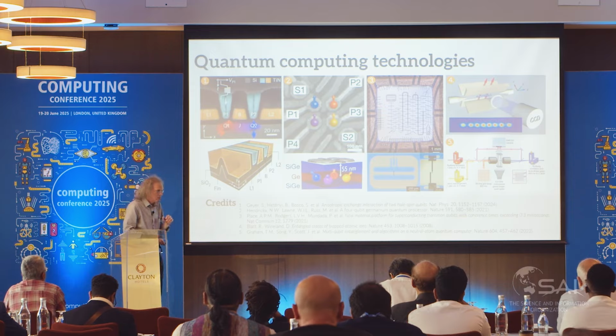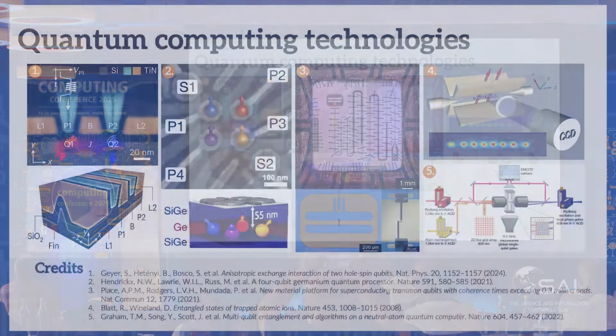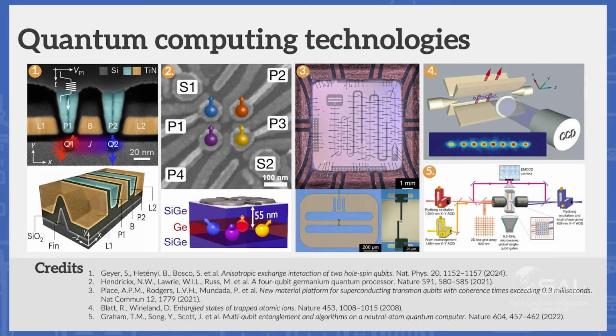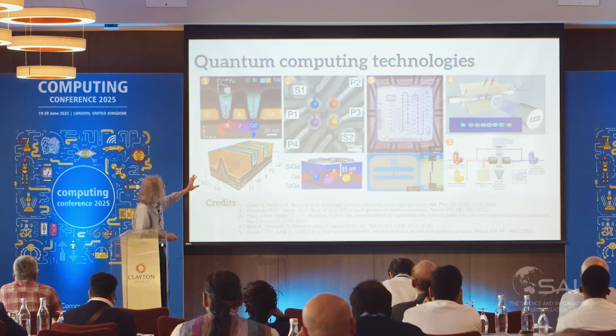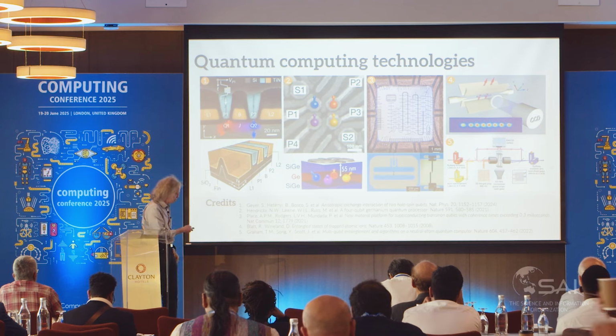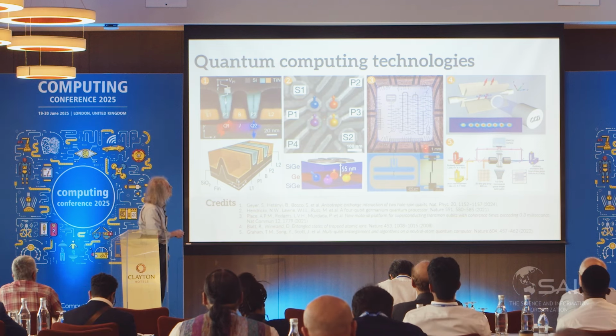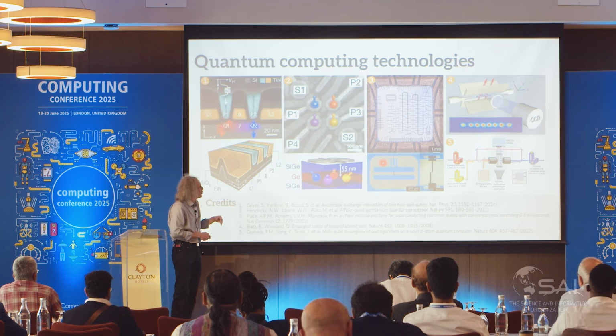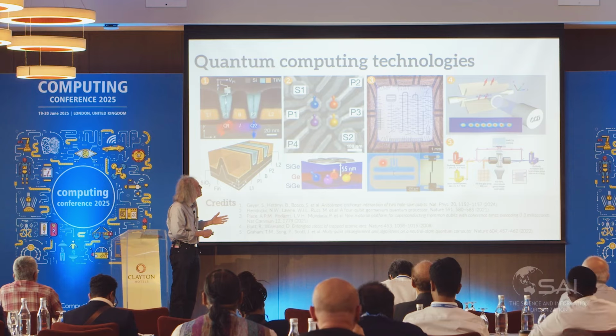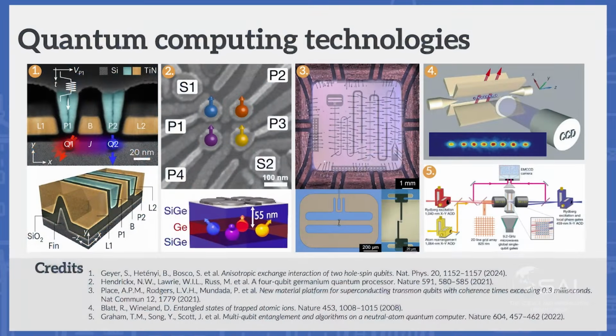Next one. We know many technologies which potentially could be available for computing. Actually, the first two are spin qubit systems. I just took this because that's our major topic. That one here shows just a transmon. And here we have ions and free atoms.